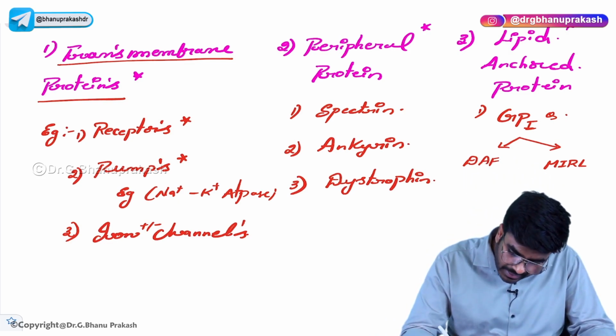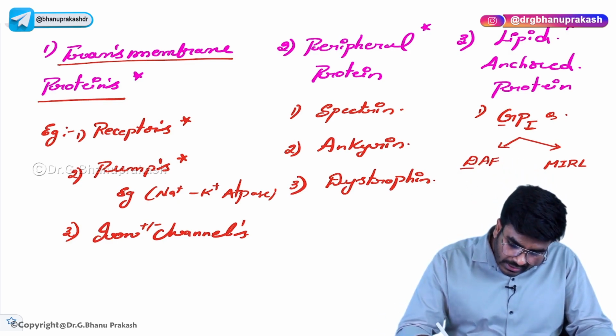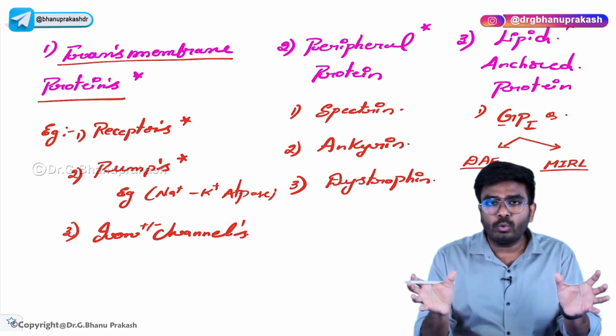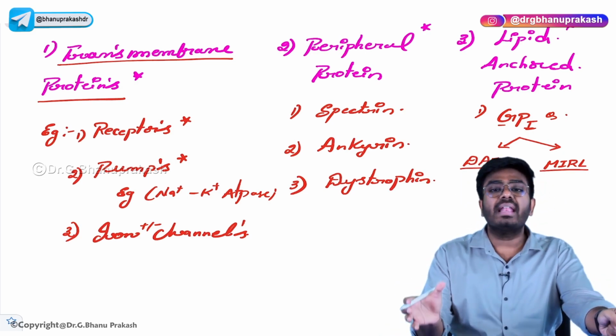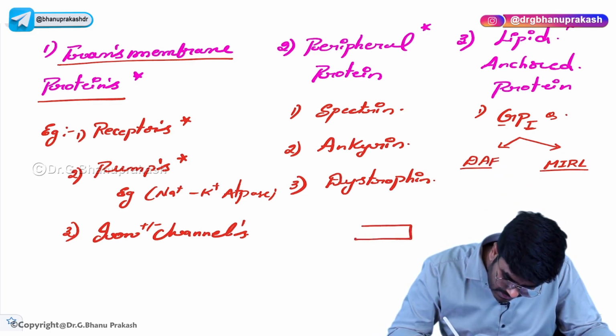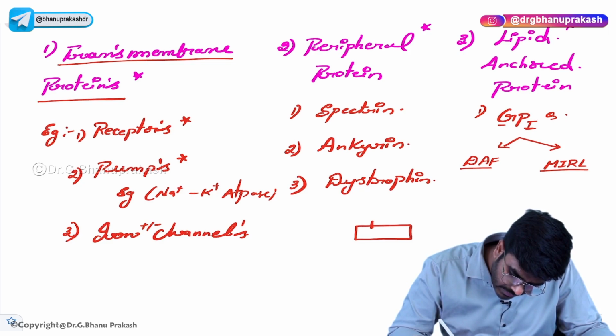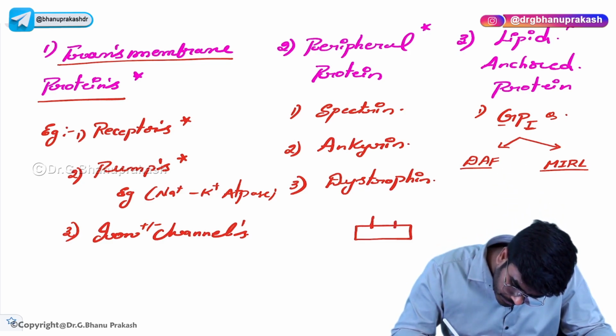This GPI is an example of a lipid anchored protein, and imagine it has two hands. With one hand, it is holding DAF on the cell as well as MIRL on the cell. So on a cell, if I have to show you, imagine this is a cell. On the cell there is this one protein called GPI. Let's write it down here, this is GPI.